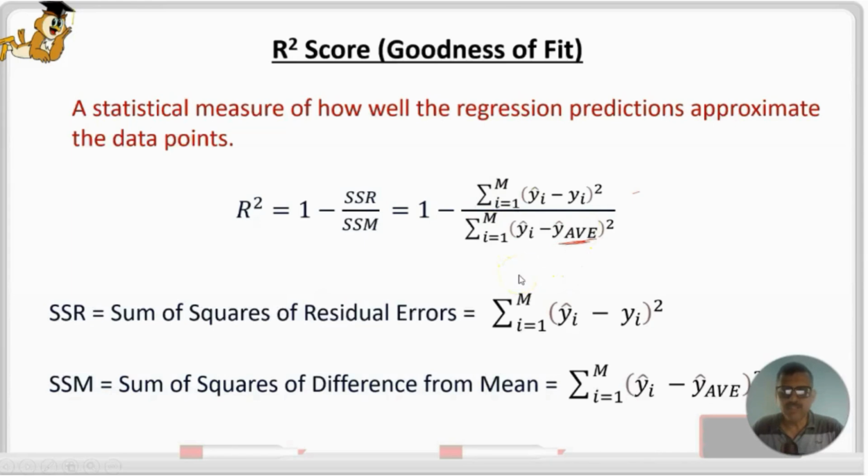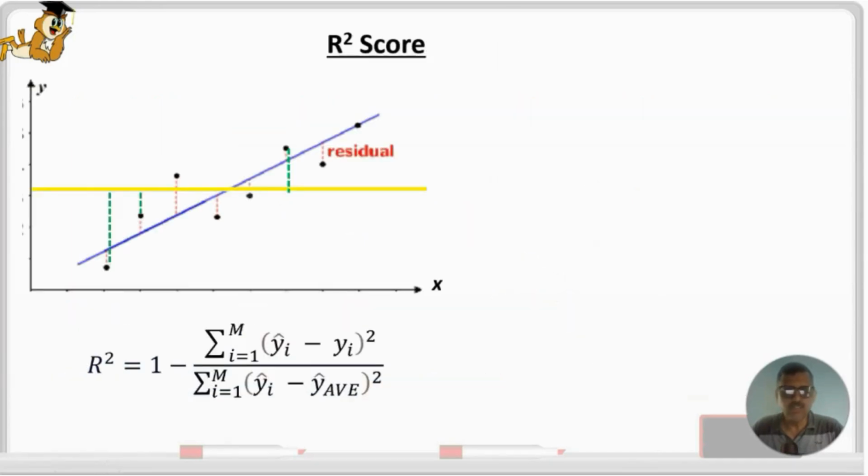Okay, let's take a graphical example in 2D and see what this is. The black points that you see over here are your training points. The yellow line that you see here is the average value of y for these points.